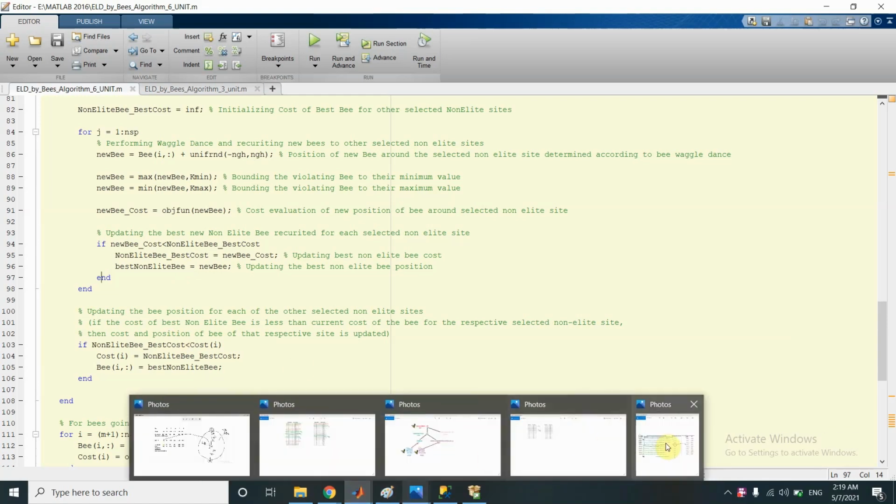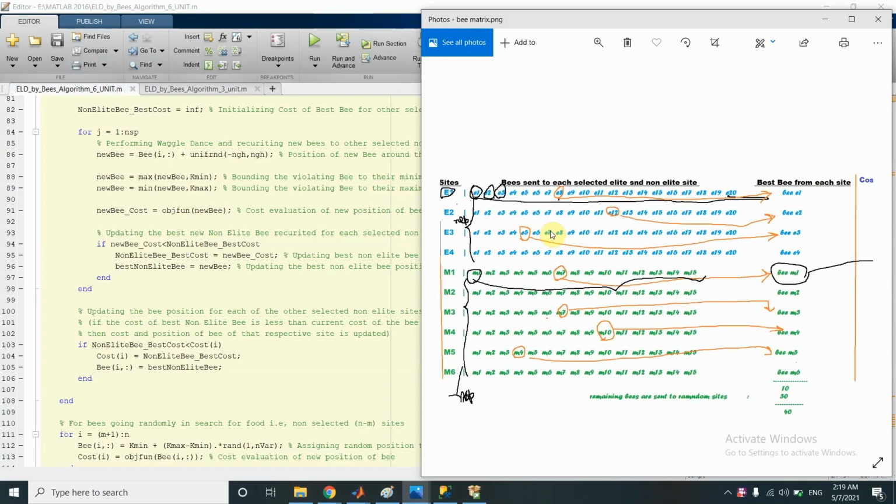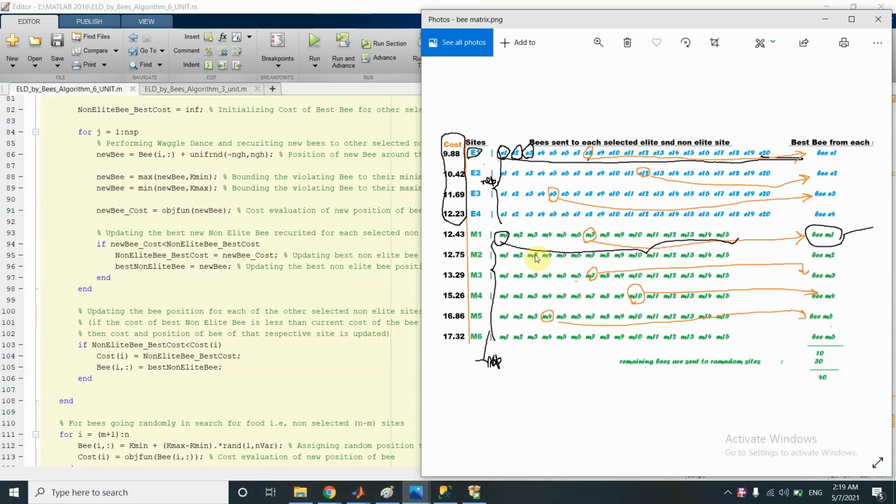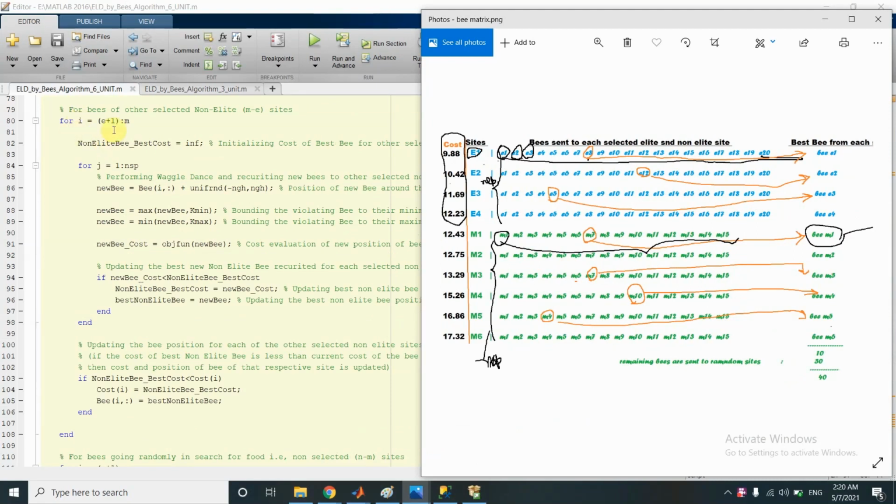So once again, let us look at this. Any iteration of this for loop will correspond to any of these non-elite selected sites, and any iteration of this for loop will correspond to one of these new Bs that are recruited to go around the non-elite sites.